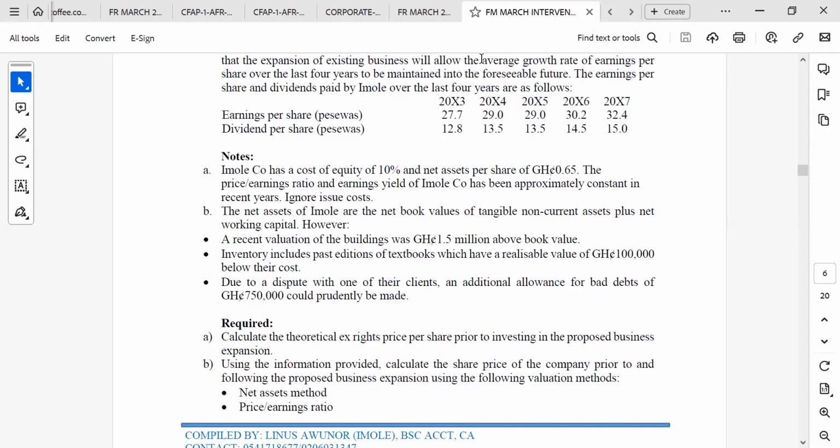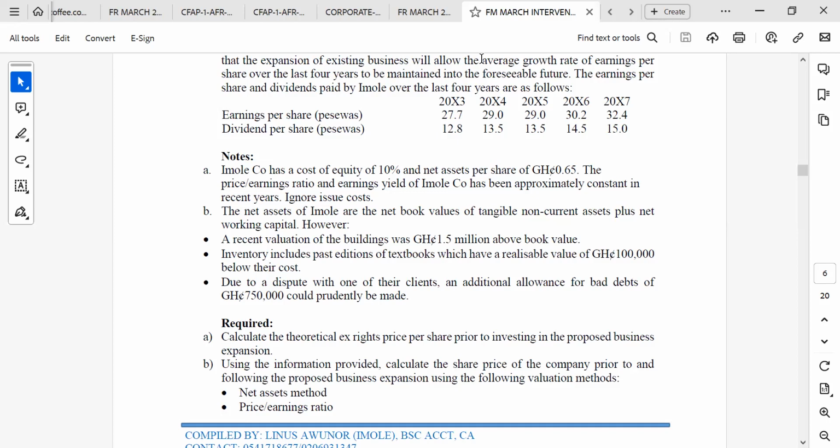How do we calculate net asset per share? Net asset over number of shares. Is it total net assets or just net assets? Total. Okay, so it will be total net assets over the number of shares, isn't it?